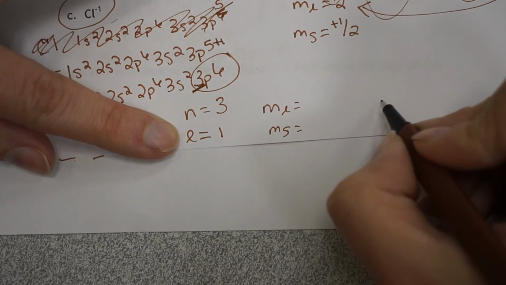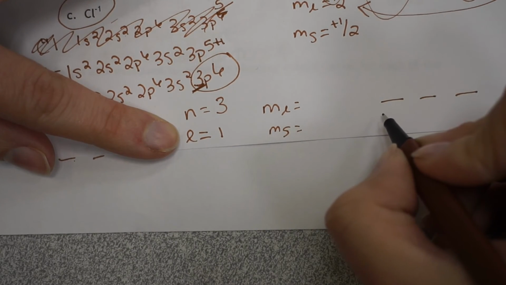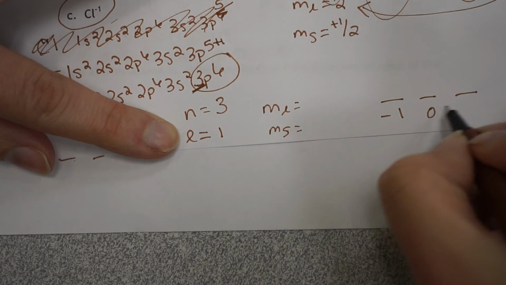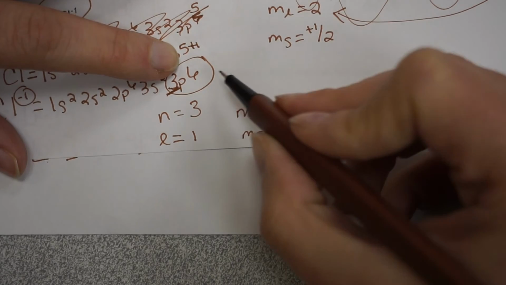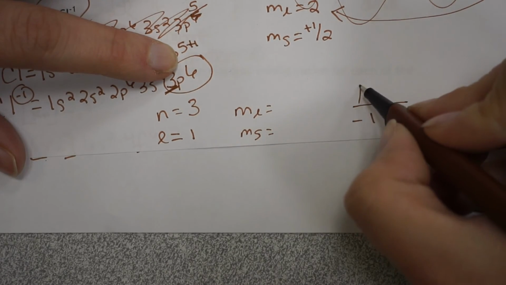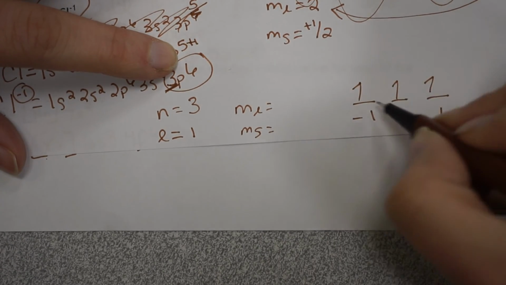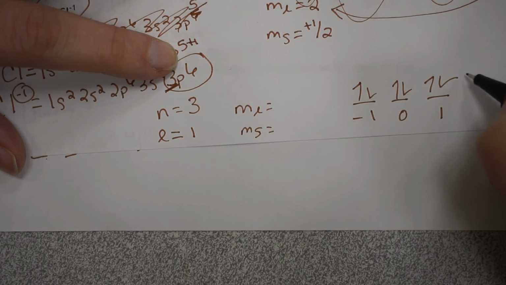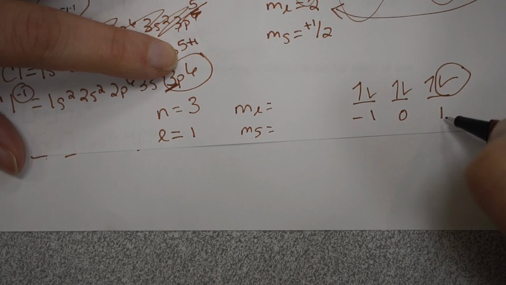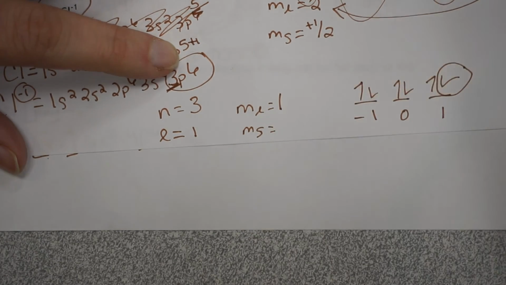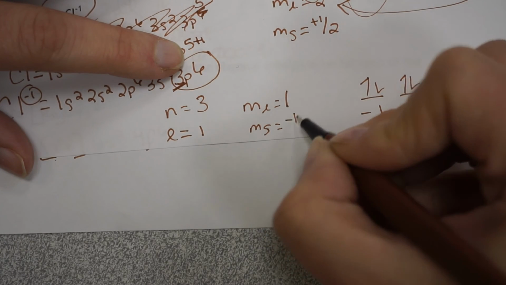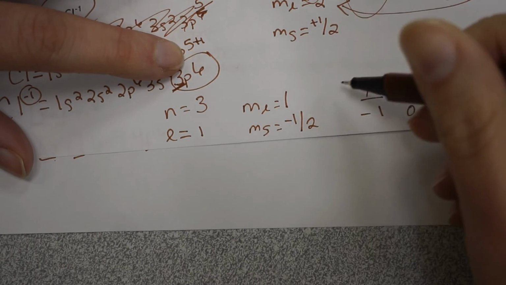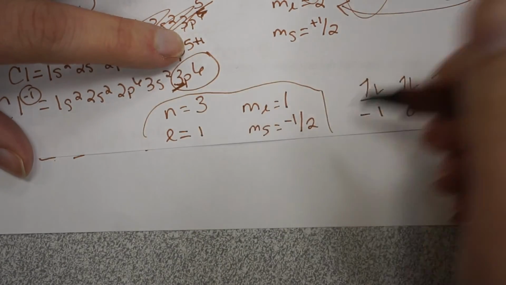M sub L, so P has 3, so M sub L will either be -1, 0, or 1, depending on which one the electron falls on. We have 6 electrons, so it will fill it up. 1, 2, 3, 4, 5, 6. So that 6th electron is in the positive 1 orientation. It's pointed down, so it will be in the -1/2 spin. So that's our answer for that.